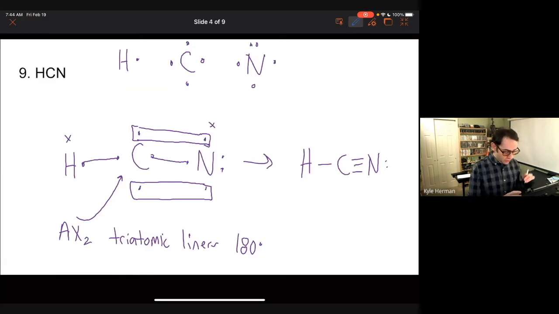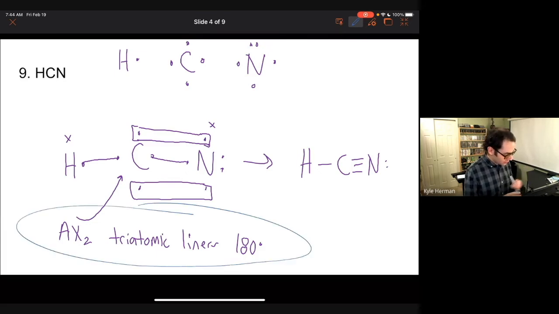Okay, so for this one, we already figured out the shape and the angles and all that. So here we have hydrogen, which is 2.1, carbon, which is 2.5, and then nitrogen, which is 3.0. Okay, so we do see a trend of numbers increasing as we move across here, but we do want to figure out the differences. So I'm going to draw an arrow in this direction because 3 is higher than 2.5.